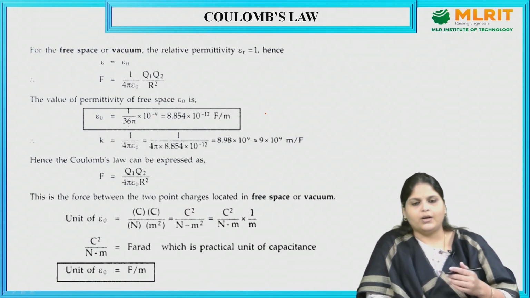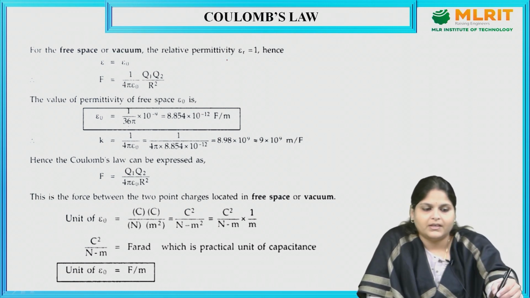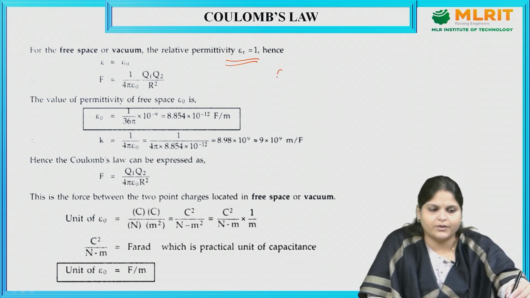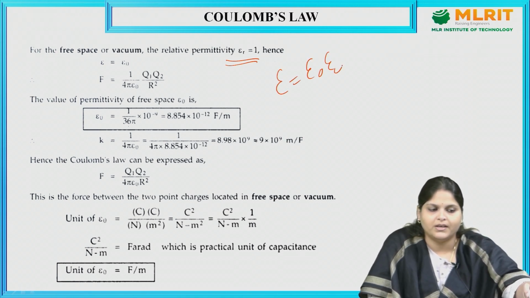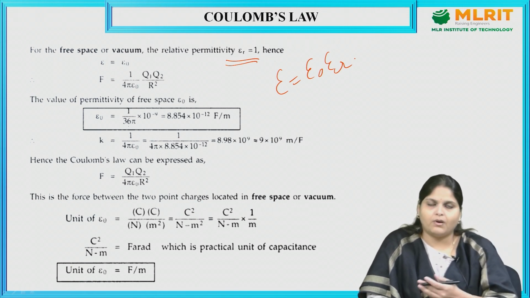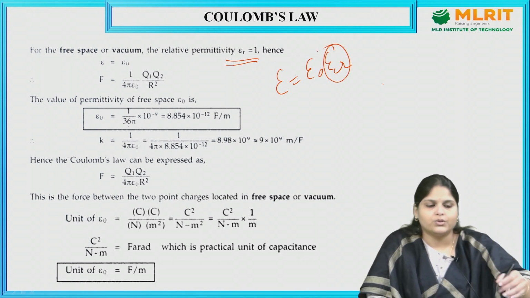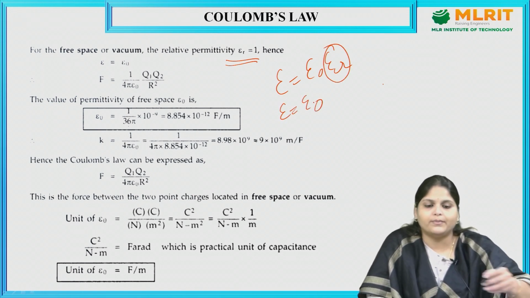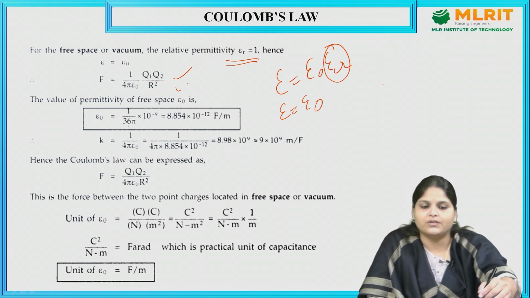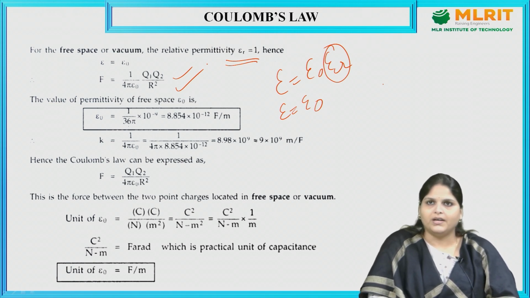Now, for free space or vacuum, the relative permittivity epsilon r is equal to 1. As we know, epsilon is equal to epsilon naught epsilon r. So when the medium is free space or vacuum, epsilon r is equal to 1, and we get epsilon equal to epsilon naught. It can be written as F is equal to 1 upon 4 pi epsilon naught Q1 Q2 upon R square.